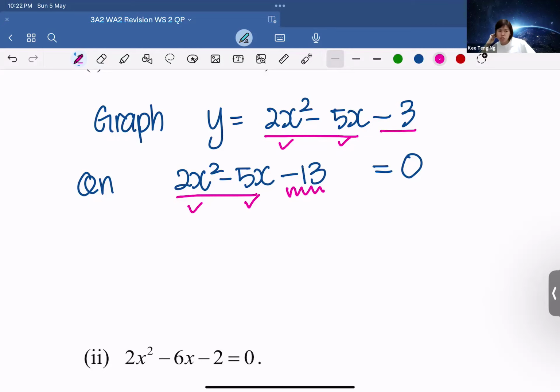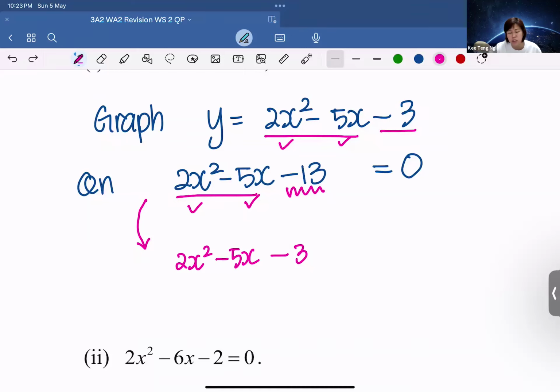But I need to change the question because I'm not going to redraw another graph. So I need to change the question into 2x squared minus 5x minus 3 at this portion. So this is negative 13. How to go from negative 13 to become negative 3?